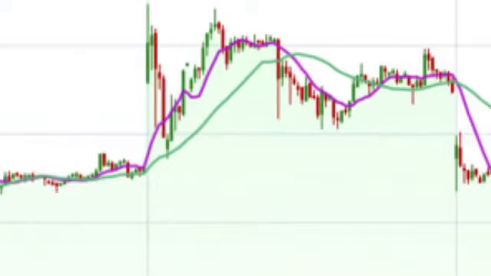The goal for me is for the candles, the red and green candles, to stay above this purple line. It's like the support and the resistance. If it stays above that purple line, we are doing great. If it drops below that purple line, we're not doing so well. So that's what the purple line means to me.